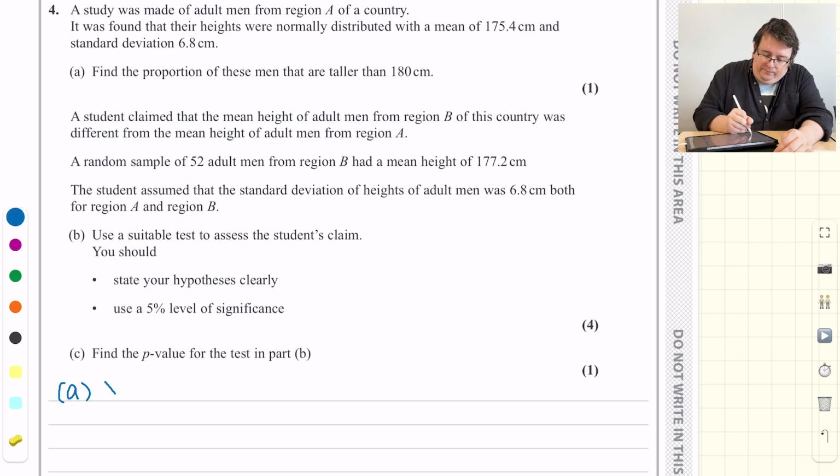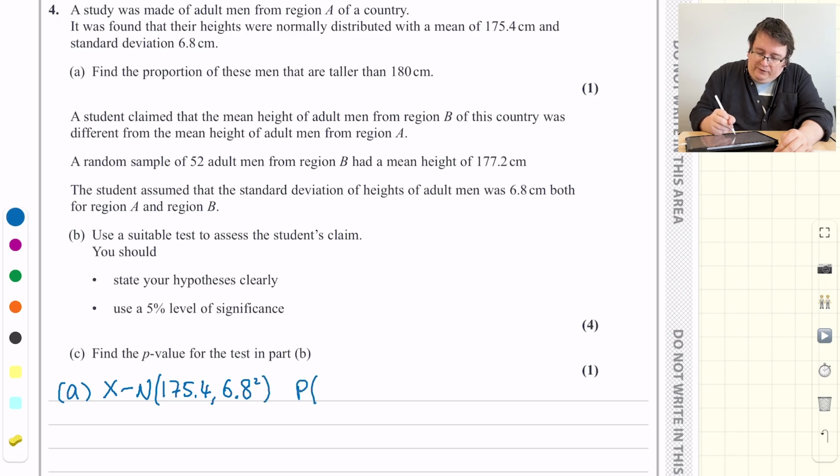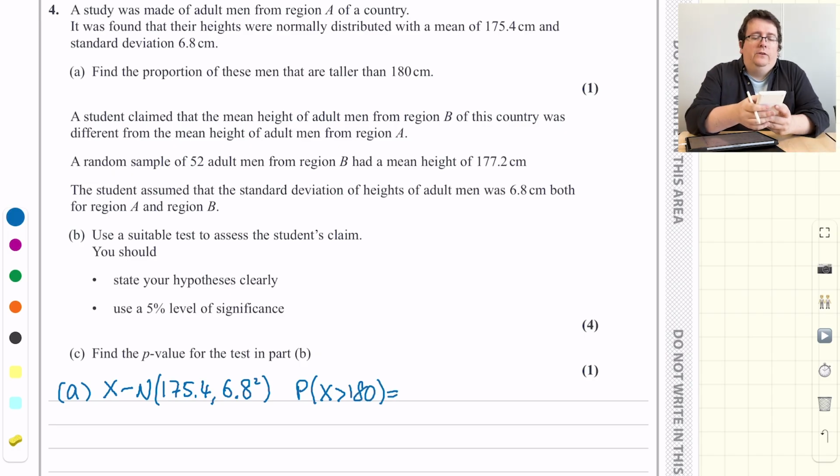So we have a normal distribution with a mean of 175.4 and a standard deviation of 6.8. So the variance is 6.8 squared. And we want to find the probability that x is greater than 180. So on your calculator, you want to go to normal CD if you're on a ClassWiz. I'm going to distributions, normal.